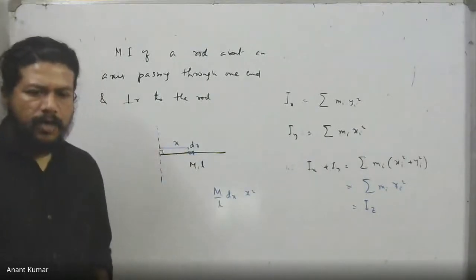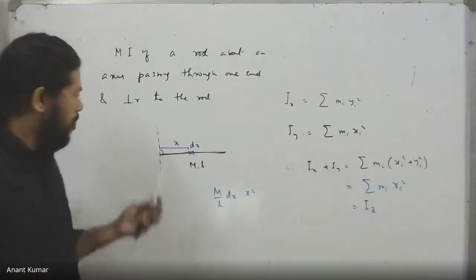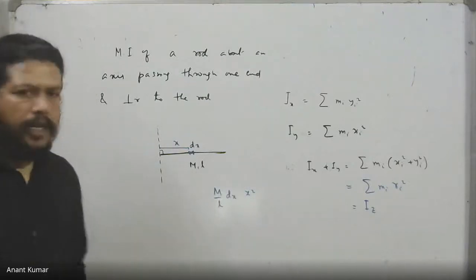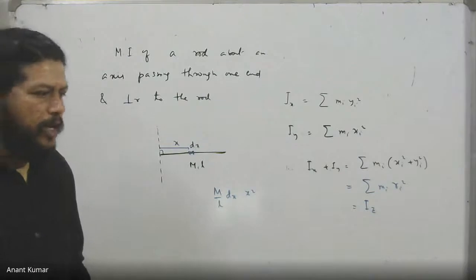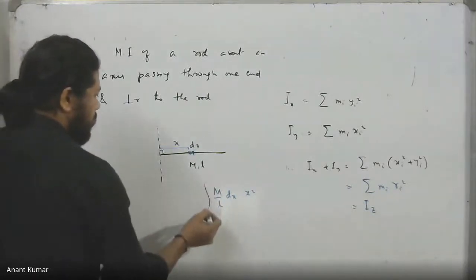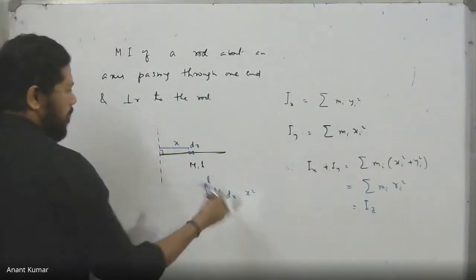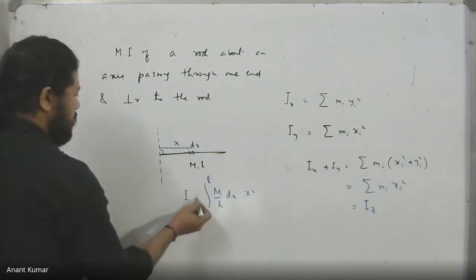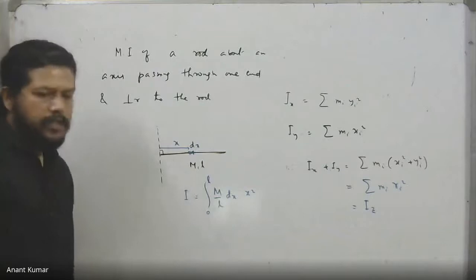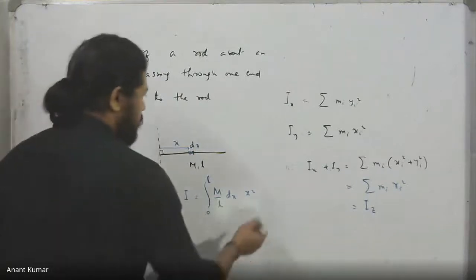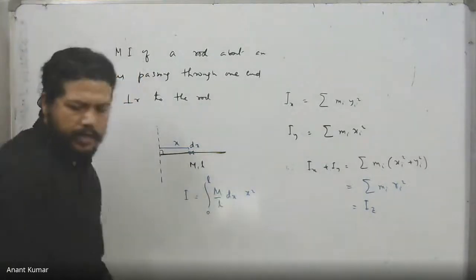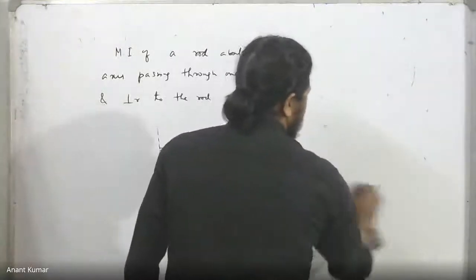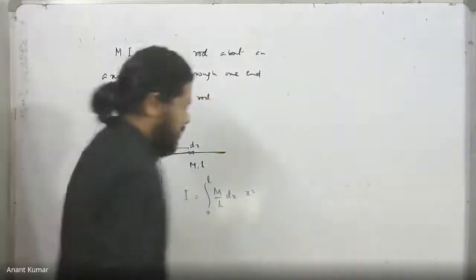I have to add up the contribution of such point masses all over the rod, which will be nothing but the summation of this quantity as x varies from 0 to L. You can therefore write this as the integral from 0 to L of the entire quantity, and that will be the moment of inertia in this case. m by L is just a constant that comes out. What remains is the integral of x square, which is x cubed by 3.